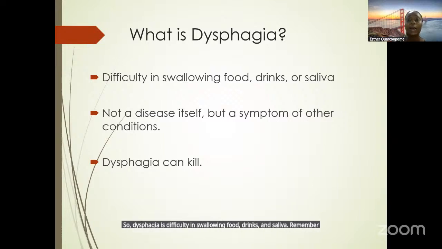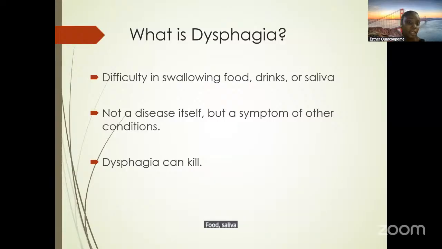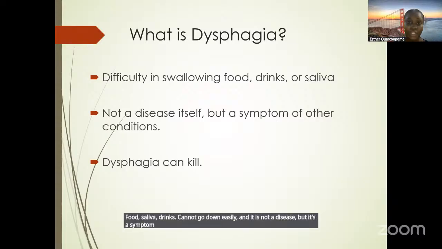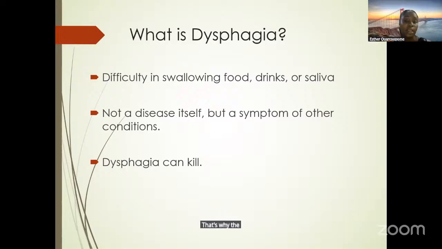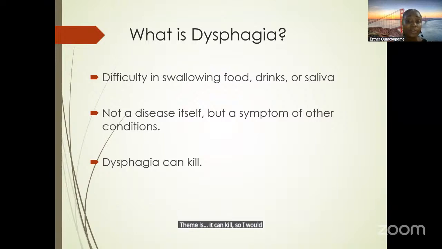Remember, swallowing allows food, drinks, and saliva to go down easily, but dysphagia is a condition where food, saliva, drinks cannot go down easily. And it is not a disease, but it's a symptom of another condition that someone might be having. That's why dysphagia comes along. And dysphagia can kill. It is not a plaything. It can kill. So I would like us to take that very seriously.